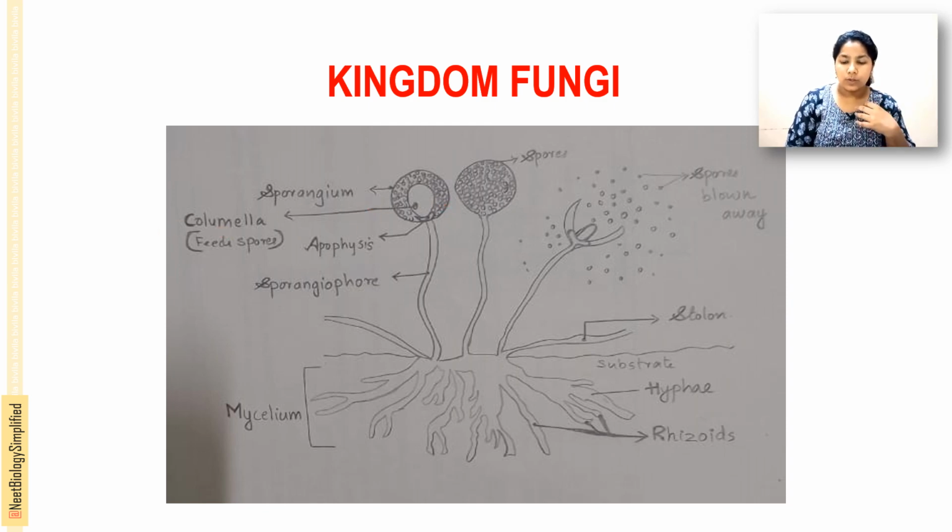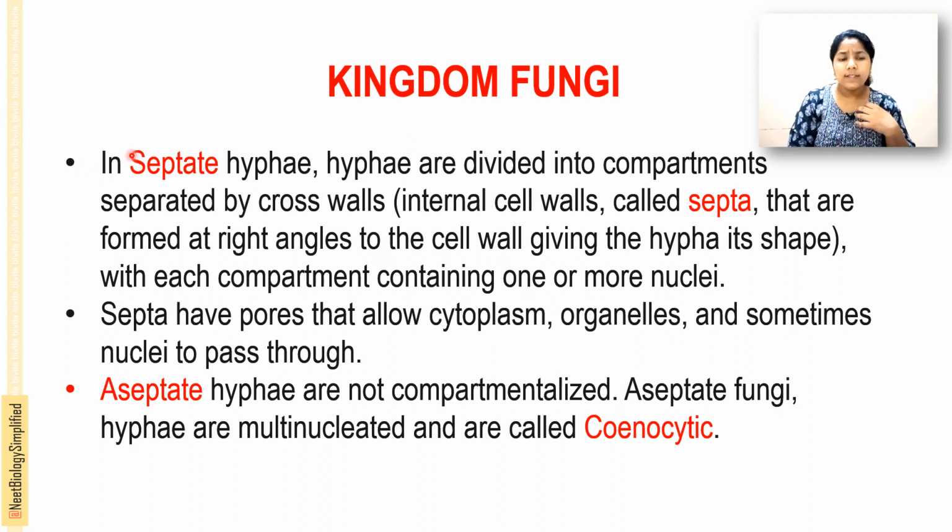Next, the septate hyphae. I told you the hyphae may be septate or aseptate. Septate means there is compartmentalization by cross walls, called septa, that you can see here.